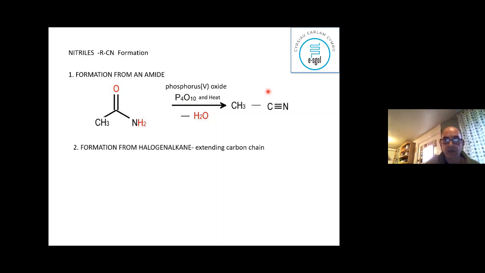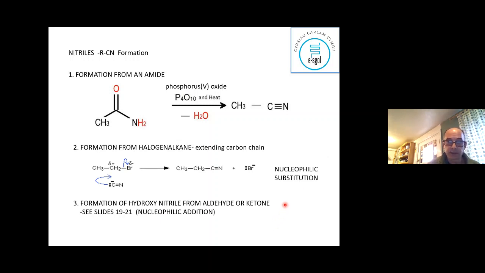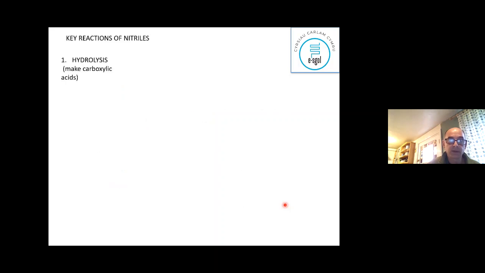Formation from halogenoalkanes extends the carbon chain. This is nucleophilic substitution, and you form the nitrile. And as I mentioned before, slides 19 to 31, you have nucleophilic addition as well.